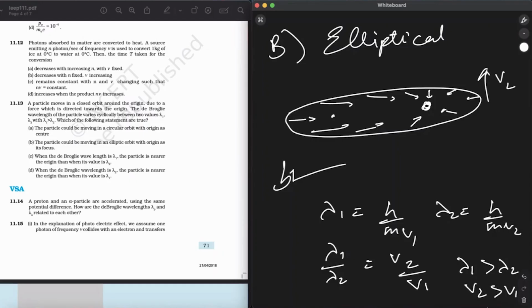So by the law of conservation of angular momentum, the particle moves faster when it is closer to the focus. That we already knew, and that is what I have proved over here. I considered this velocity as v2, and I have proved that v2 will be greater than v1. And this also proves the law of conservation of angular momentum, that the velocity will be higher near the focus of the elliptical movement.